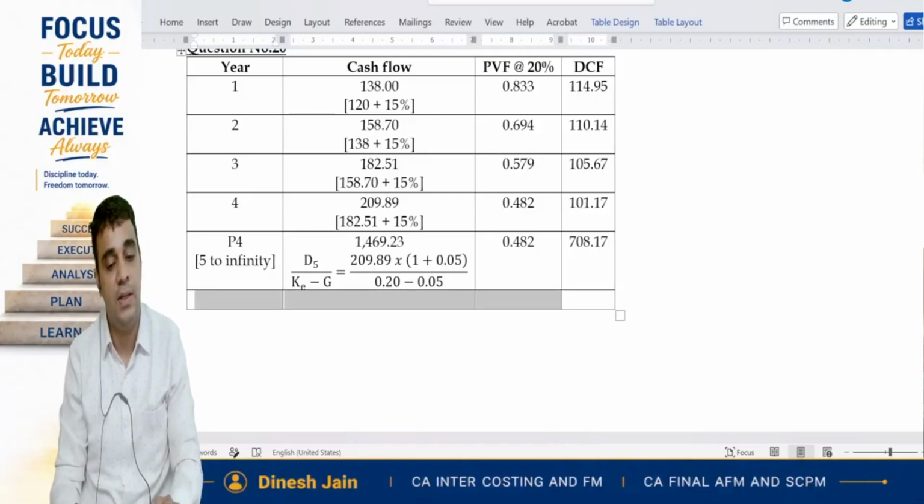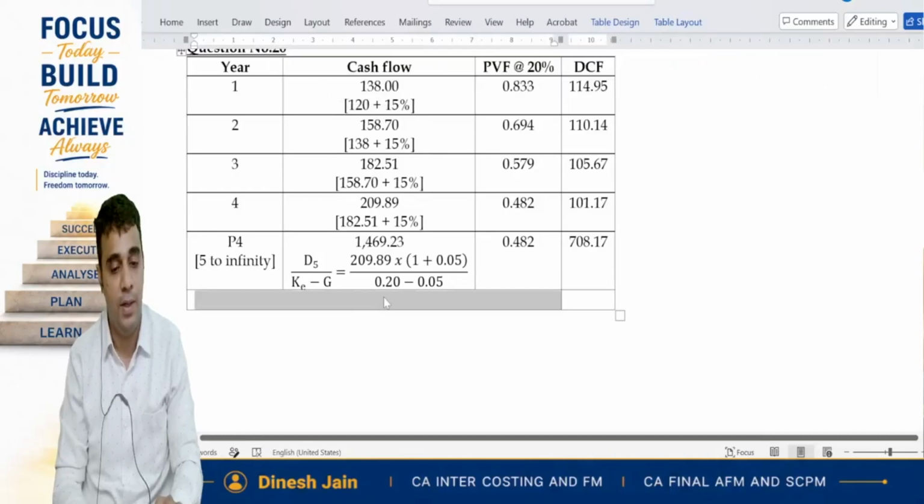And this gives me the intrinsic value, technically called fair value.